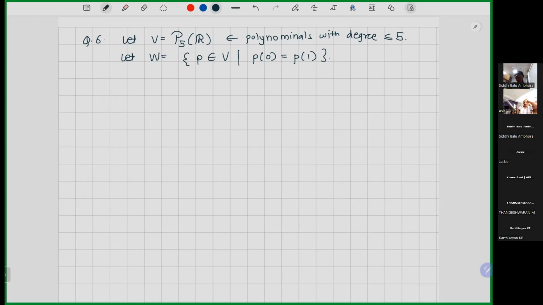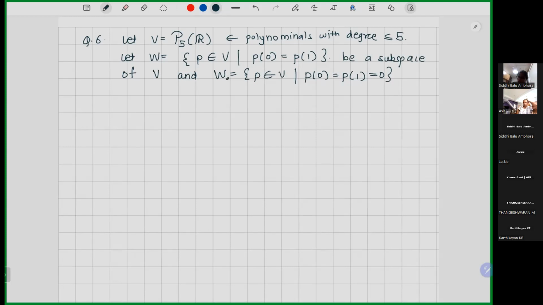So this W is a vector subspace of V. Now I say that P(0) is equal to P(1), but at the same time it needs to be equal to 0.